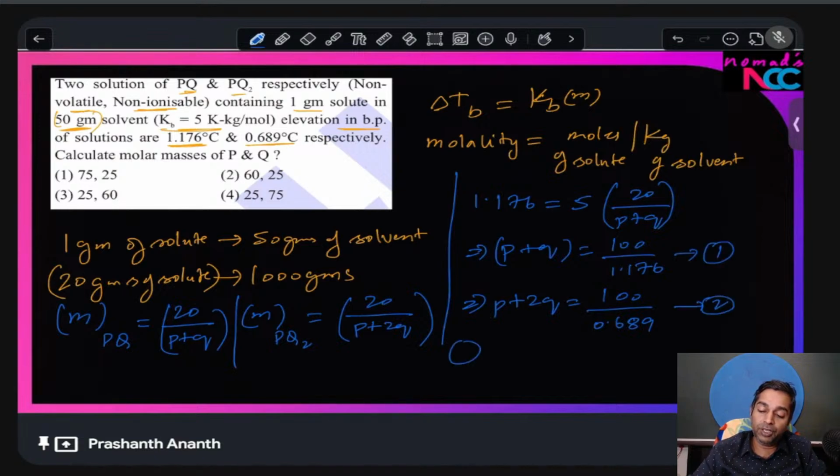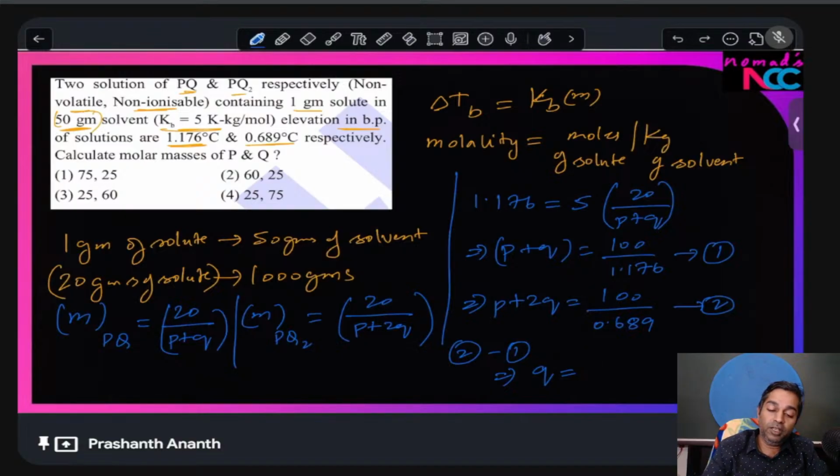If I do equation 2 minus equation 1, what do we end up getting? We get Q is equal to, well, 100 multiplied by 1 by 0.689 minus 1 by, okay, it's gone to the wrong part there. So I should stop over here. I'll put this in the next page properly.